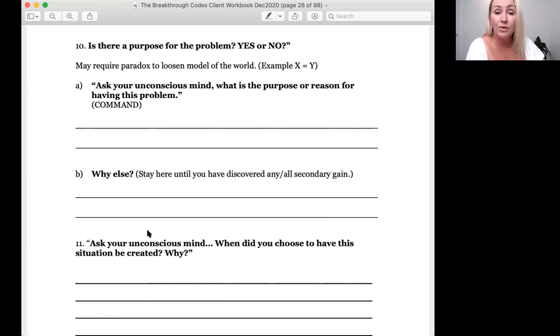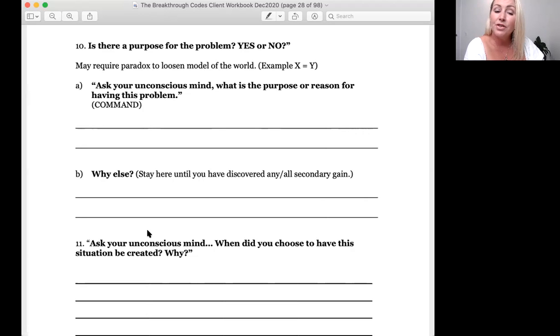So what I would suggest, there's a couple of things you can do. There's many things you can do, actually. You may need a paradox to loosen the model of the world. I'll give you that in a moment. You also could say something like, well, in a perfect world where we create everything, where we are the creators of all things in our life, wouldn't you say that there was a purpose for this problem then, seeing as you are a creator of everything in your life? I'm talking about in a perfect world, of course.